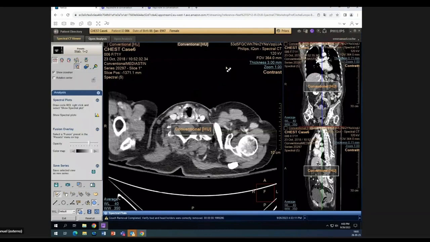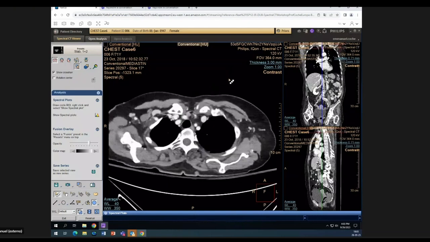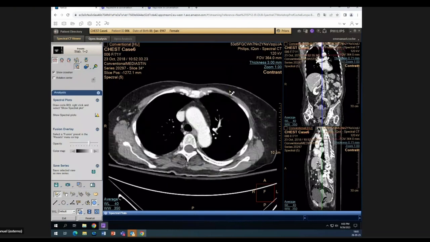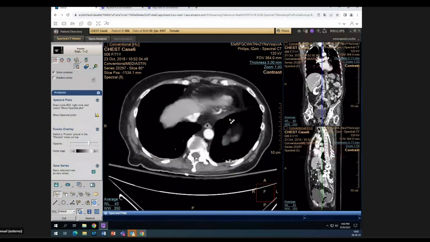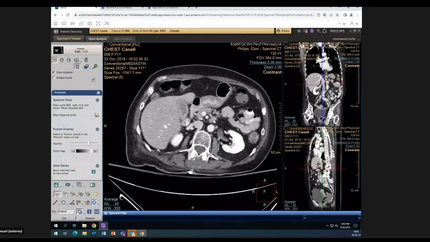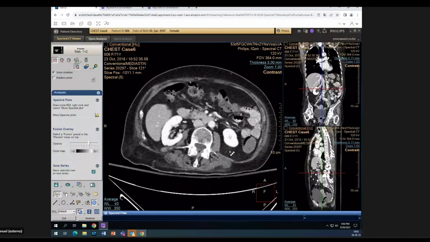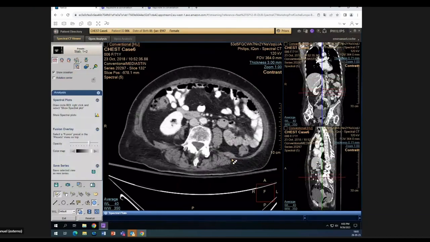Okay, so I invite you to travel into the chest volume, playing with the different window settings and see what is abnormal. You see, there is upper abdomen acquisition also and lower abdomen acquisition.